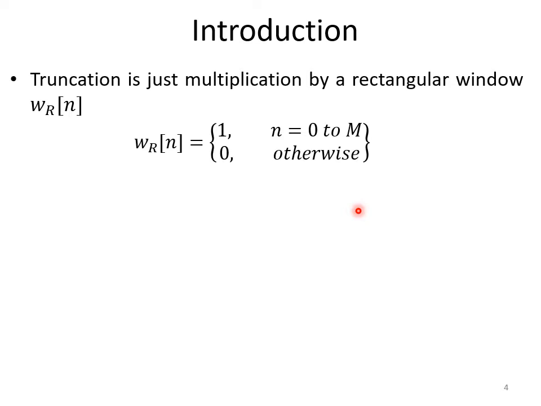Now it depends what value of M you choose, right, because M represents the length of the filter, and when M is 20, the length of the filter is 21, because n starts from 0 to 20, meaning 21 samples or 21 values, so we call it length 21.